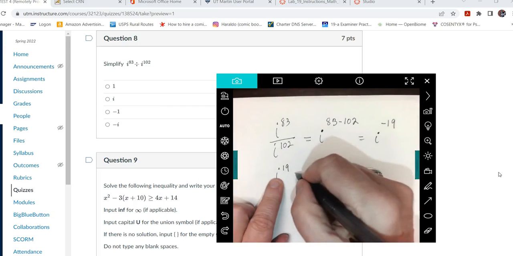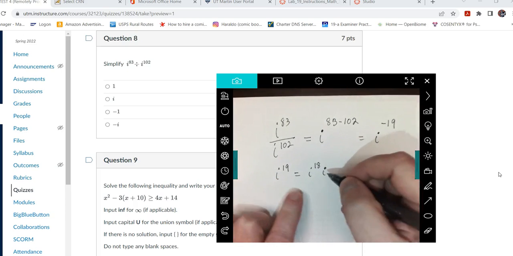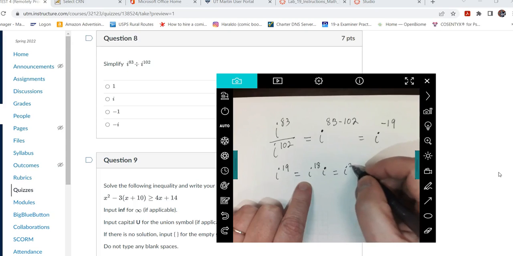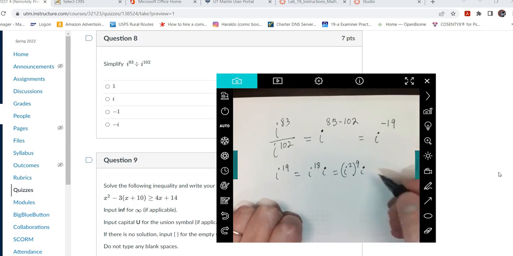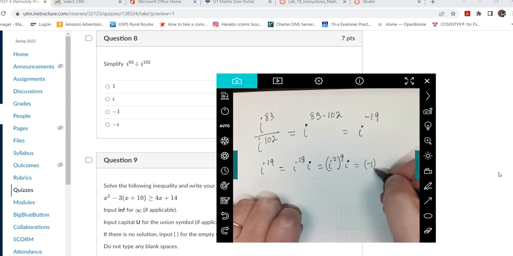That's going to be equal to, well, I'm going to rewrite it like this. And 18 is 2 times 9. So I can rewrite it like that. And I'm going to have -1 to the 9 times i. And the power's odd, so the negative sign stays. And I get -i.